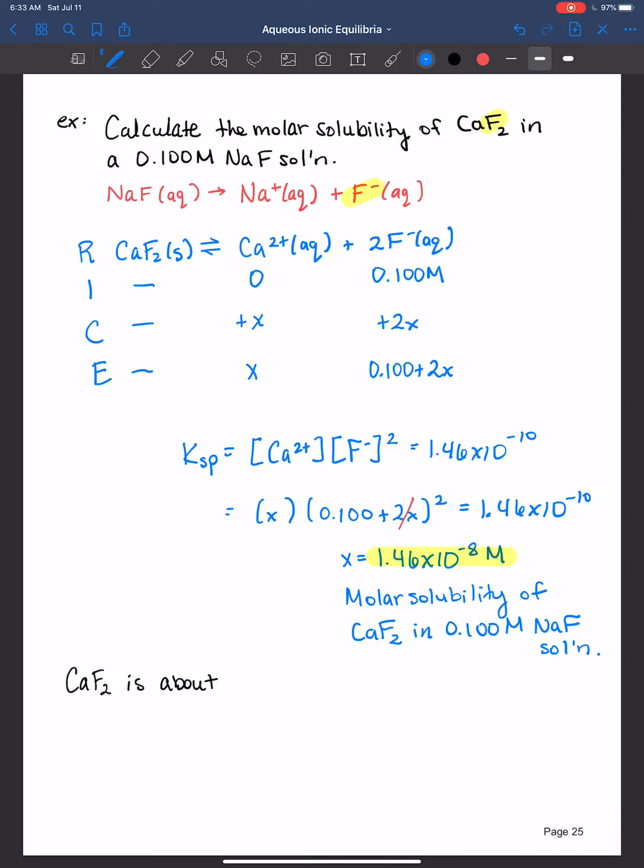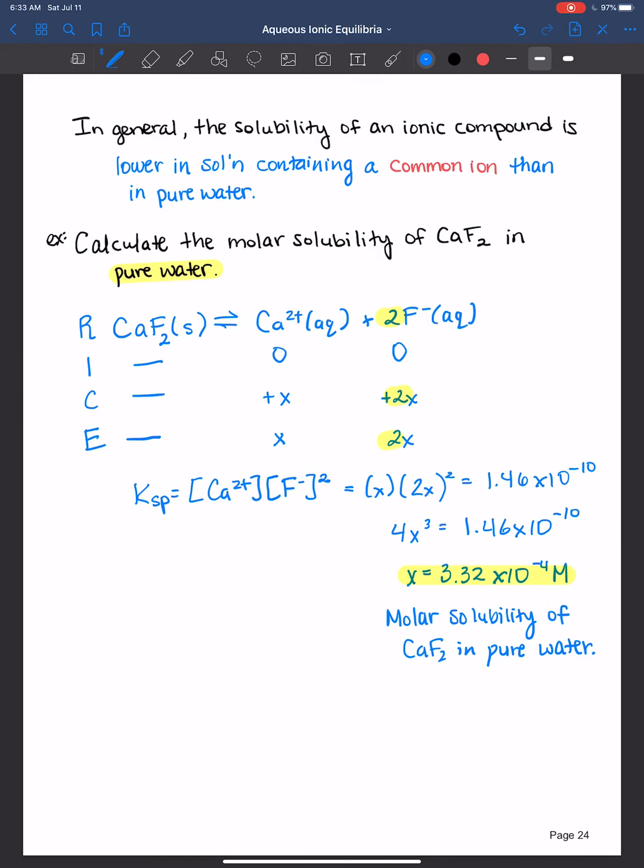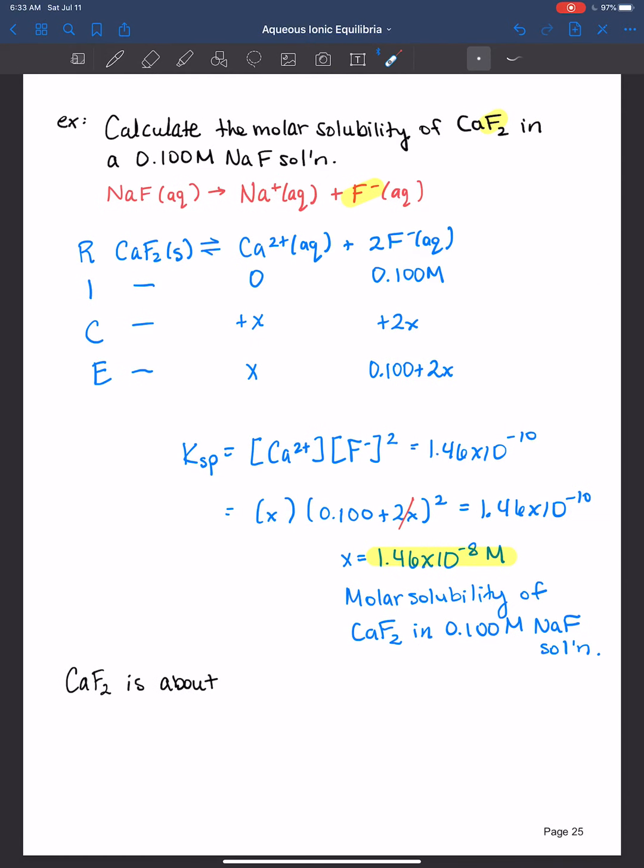All right, so if I were to make this concentration in 0.1 molar sodium fluoride solution of the calcium fluoride, then if I go any more concentrated than that, I'm going to start seeing some precipitation happen. Whereas you noticed how in pure water, the molar solubility was 3.32 times 10 to the negative 4th. So I'm able to make a more concentrated solution in comparison to the one with a common ion.